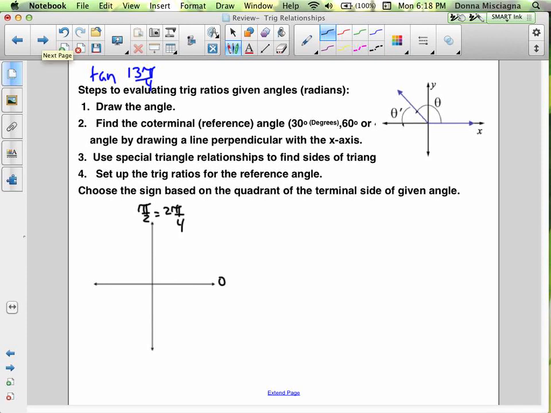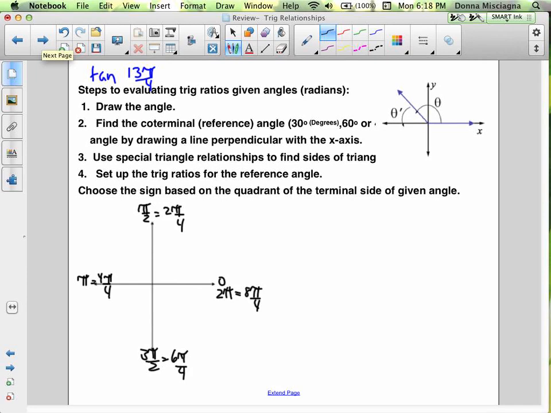And when we have pi, which is the same as 4 pi fourths, notice 13 pi fourths is larger than 4 pi fourths. Then we have 3 pi halves, which is the same as 6 pi fourths. And then we have 2 pi, which is the same as 8 pi fourths. So notice we're still too big. All right, so we're going to go around the circle plus more.